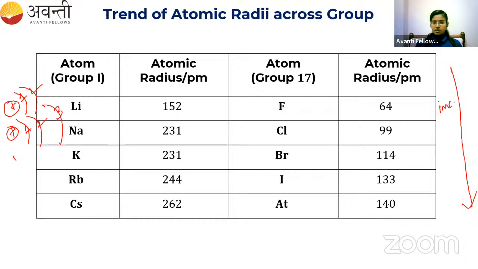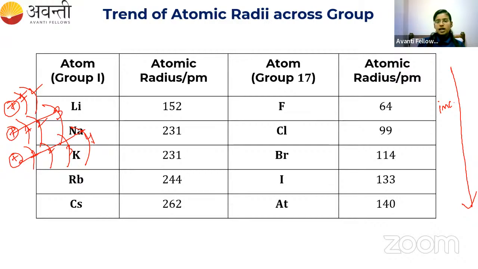For potassium, I will have 1, 2, 3 and 4. So the distance between the nucleus and the outermost electron increases, so the atomic radius will also increase.